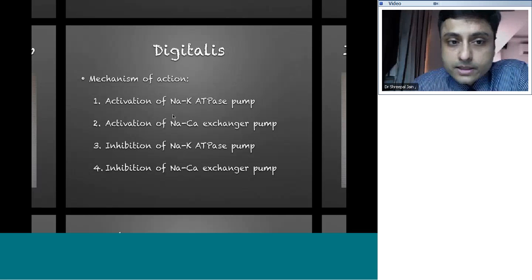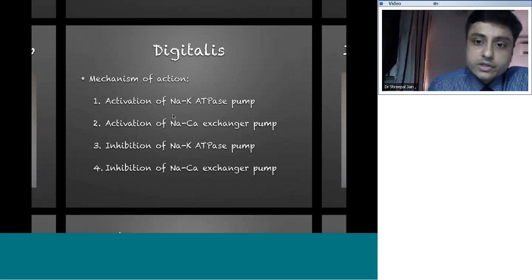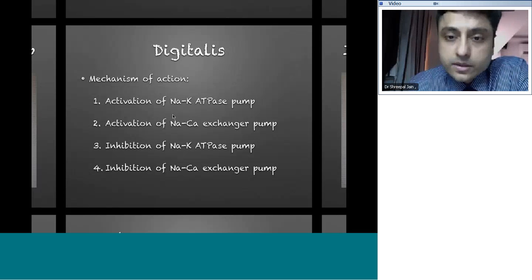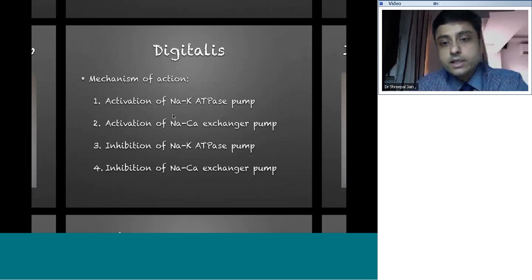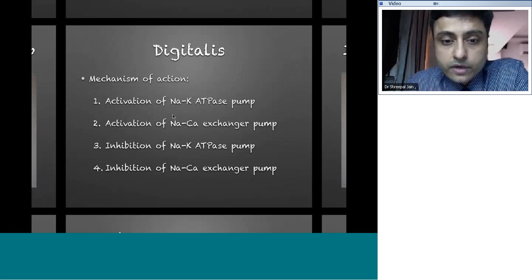So it has direct as well as indirect mechanisms of action. The direct action is on the myocardial cells and on the SA and the AV node. Then there is an indirect mechanism of action which involves parasympathetic activation leading to sinus node slowing as well as increased duration of conduction across the AV node.